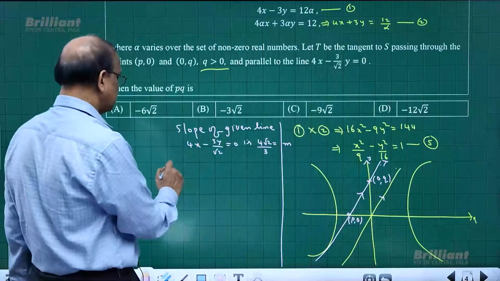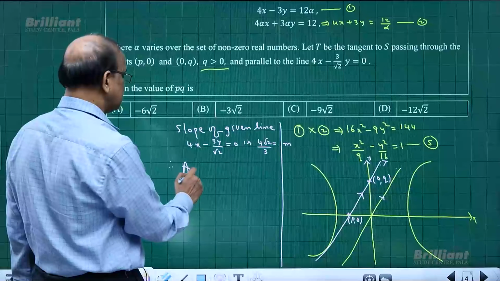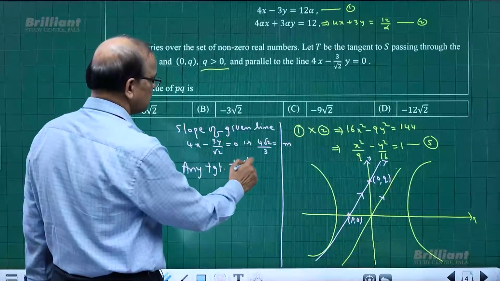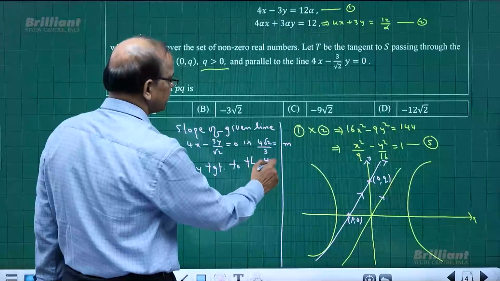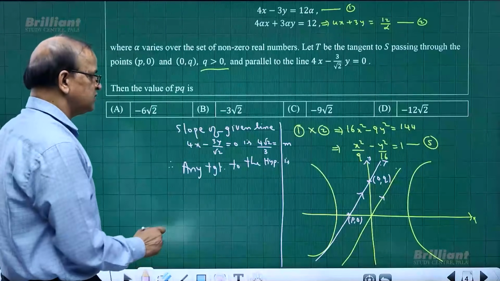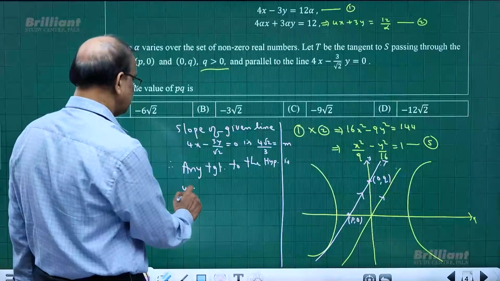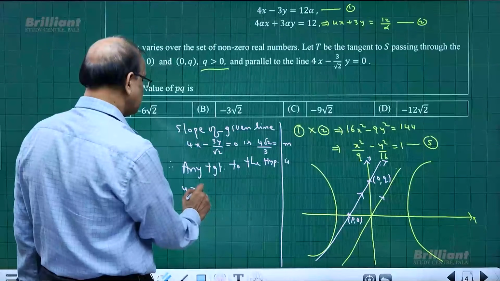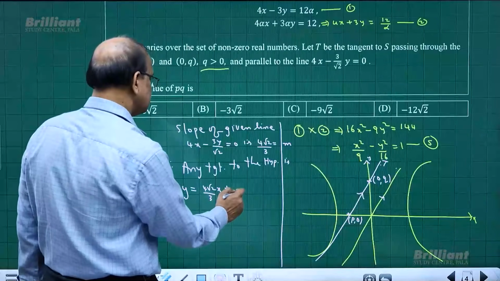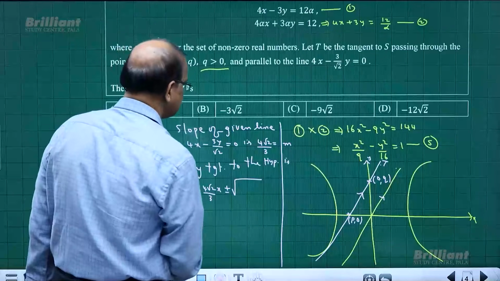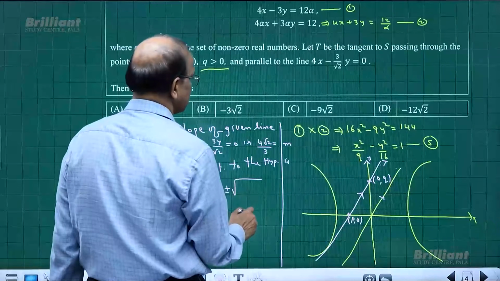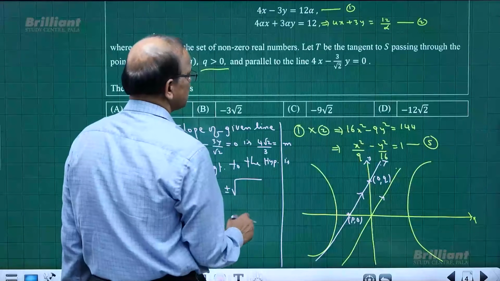Therefore, any tangent to the hyperbola is y equal to mx, m is 4 root 2 by 3, plus minus root of a square m square minus b square.